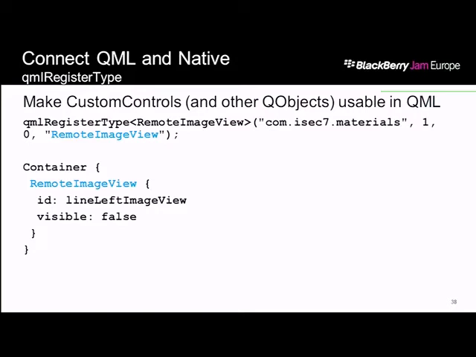Just in this container, you write remote image view, and that's it. Then it's displayed on the screen, so it's very easy to use. But it's important to have it on the right spot. And you can just copy it from the samples, and then if it's no longer working, you did something wrong.